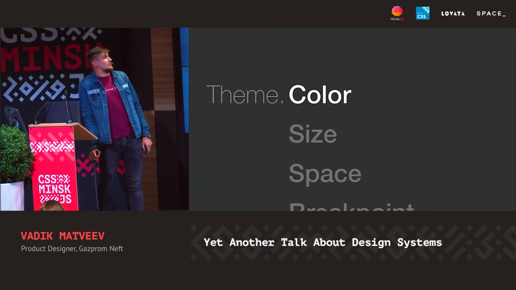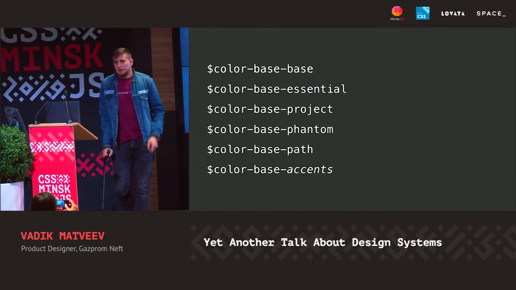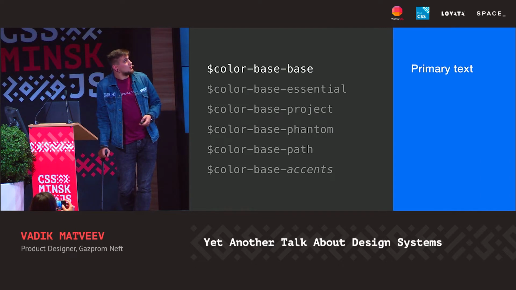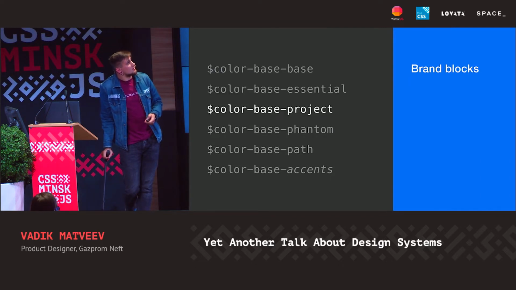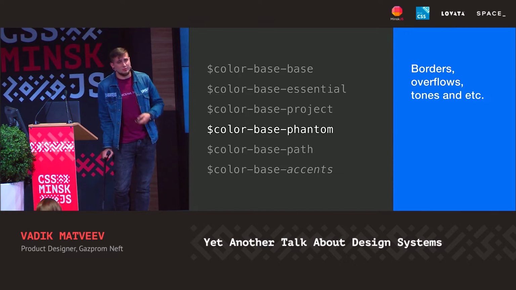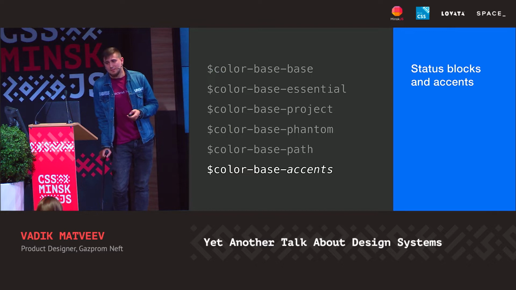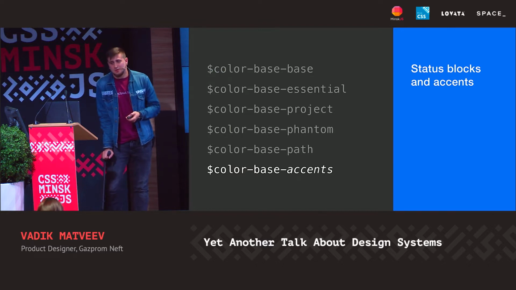Okay, the first modifier is color, the most obvious. It has PostCSS variables for the palette of basic colors: primary text, background, brand blocks, border overflows, tones, and so on, links, status blocks, and accents. You might notice that these variables are not CSS native custom properties.